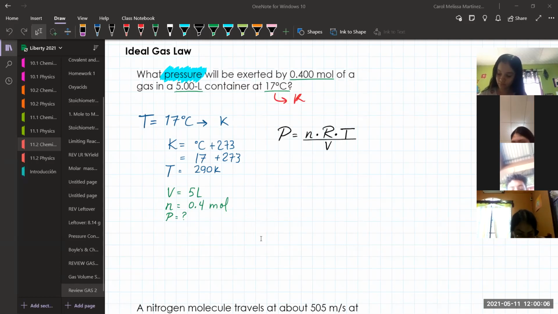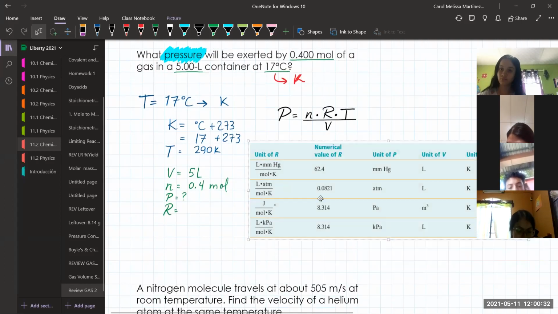Now, we don't have R, so we need to choose it from that table. Let me bring it to you so we can choose it. According to the table that I gave you the other day, which one is better for this problem? The problem is not telling you that it needs a pressure in a specific unit.